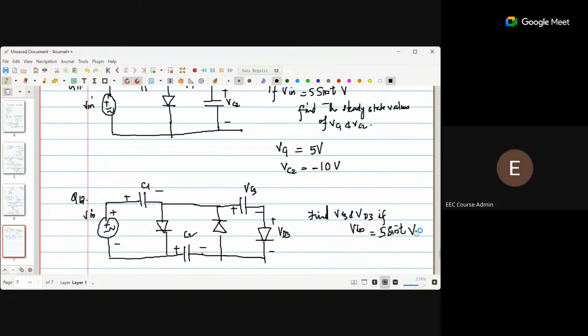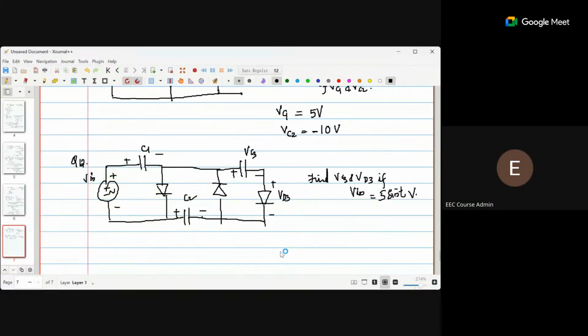Vin is 5 sin t volts. Find the value of VC3 and VD3. So this again we had seen in the case of the higher voltage tripler or quadrupler, correct? So what do we get here is Vm. Here is 2 Vm.